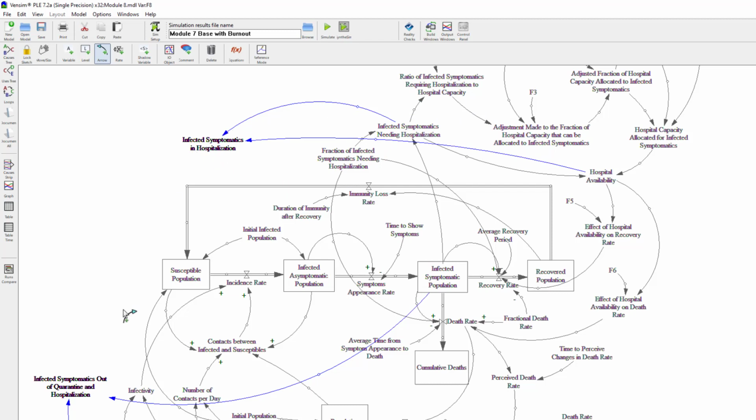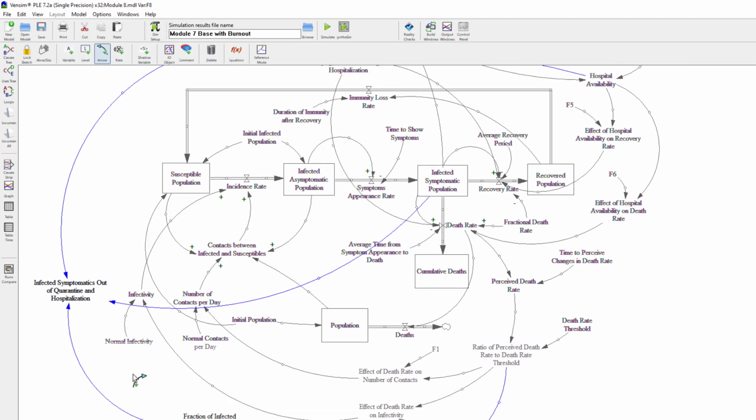Those are the two variables, and then we're gonna feed that into the infected symptomatics out of quarantine and hospitalization. And that will feed into the contacts between infected and susceptibles.